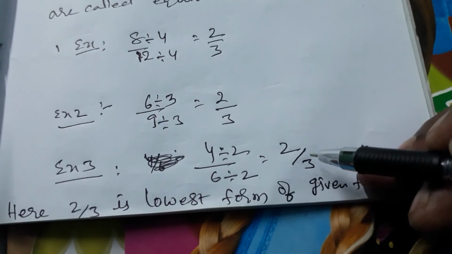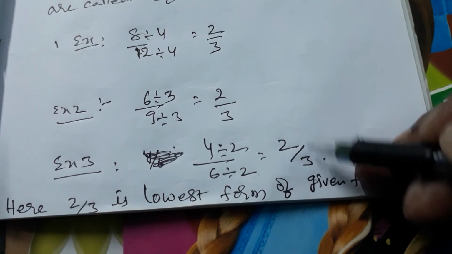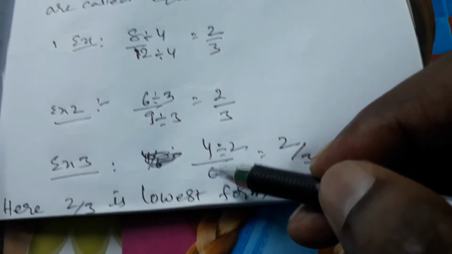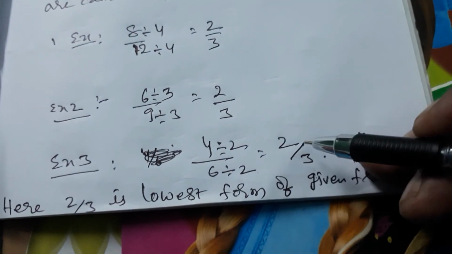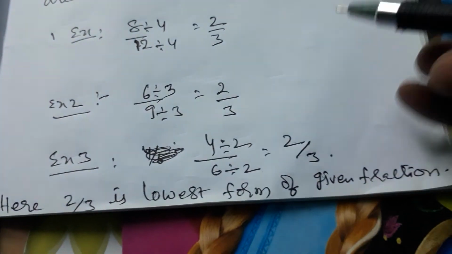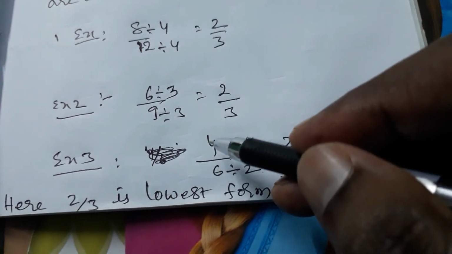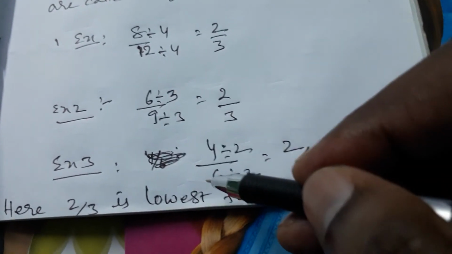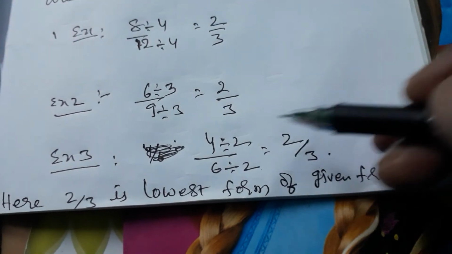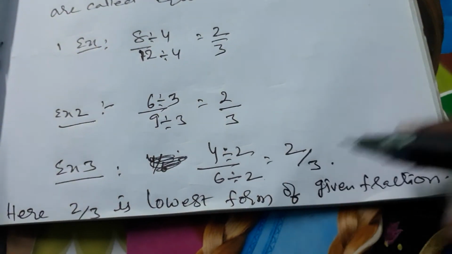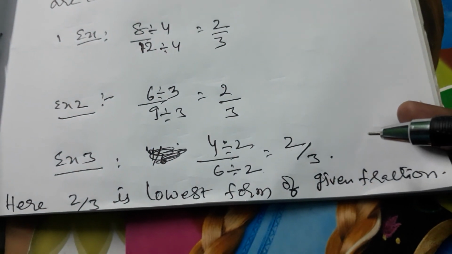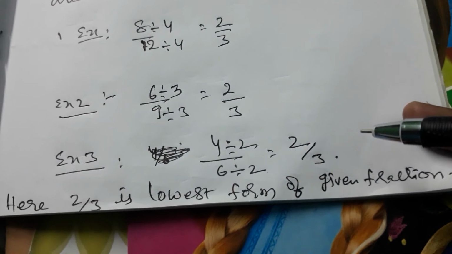So you will get a new fraction. This fraction is the lowest form of 4 by 6, and the values are also the same, but only the numbers may be different. Numerator 4 and 2, 6 and 3, the numbers may be different, but the values are the same. That is why we can call them equivalent fractions.